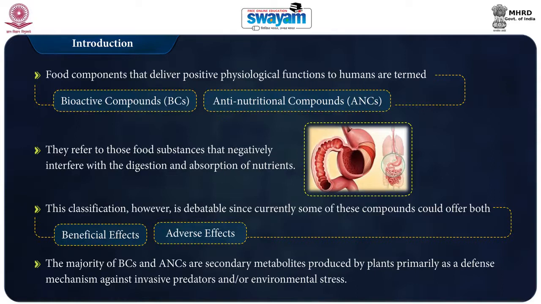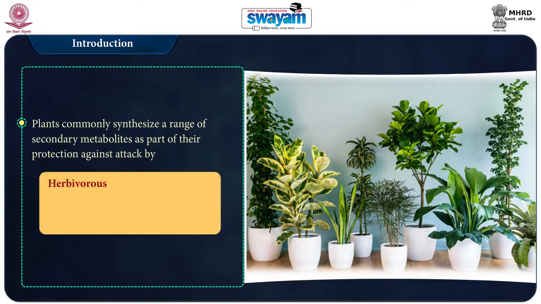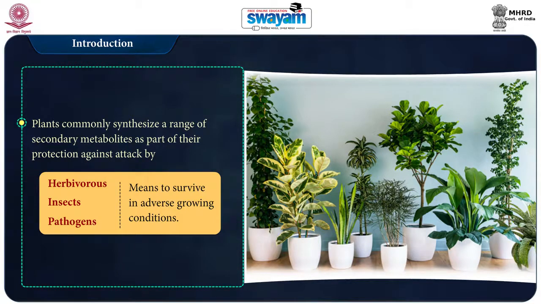These are produced primarily by plants as a defense mechanism against invasive predators and or environmental stress. Plants commonly synthesize a range of secondary metabolites as part of their protection against attack by herbivores, insects and pathogens, and this is a means for plants to survive in adverse growing conditions.